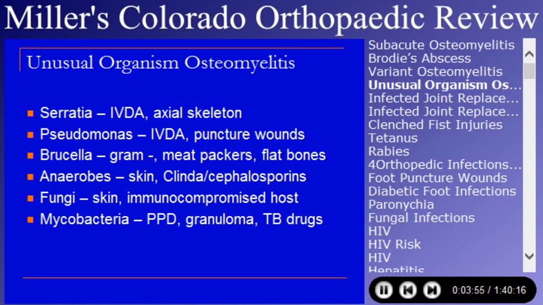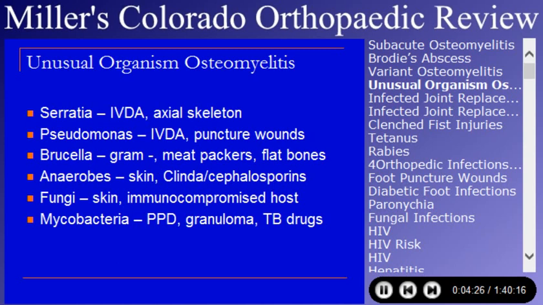Brucella is a gram-negative that occurs in meat packers and is classic for flat bones, especially the spine. Anaerobes occur from skin infections and from bites. Fungi occur following skin infections and are common in the immunocompromised host. The most common that you will bump into being Candida, particularly in ICU patients.